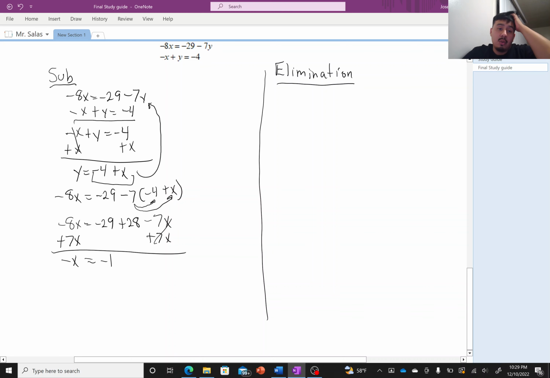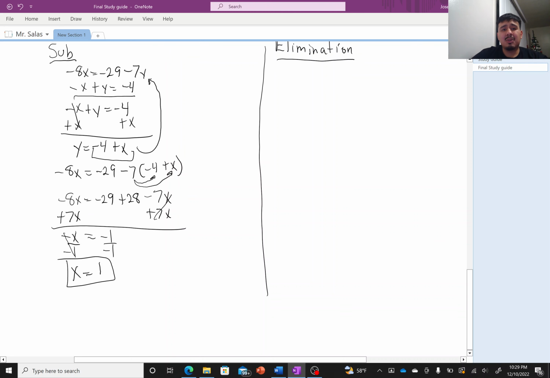So what I'm going to do afterwards, I'm going to go ahead and get rid of that negative because we're still not done. I'm going to divide by negative 1. The negatives get canceled out and I get x is equal to negative 1 divided by negative 1 is equal to 1. Why? Because the negatives got canceled out, sorry. We got x is equal to 1.